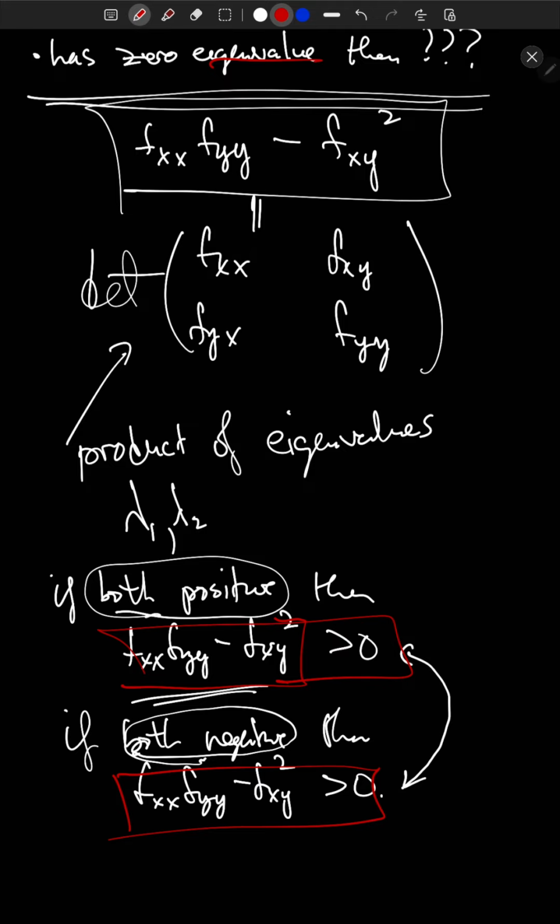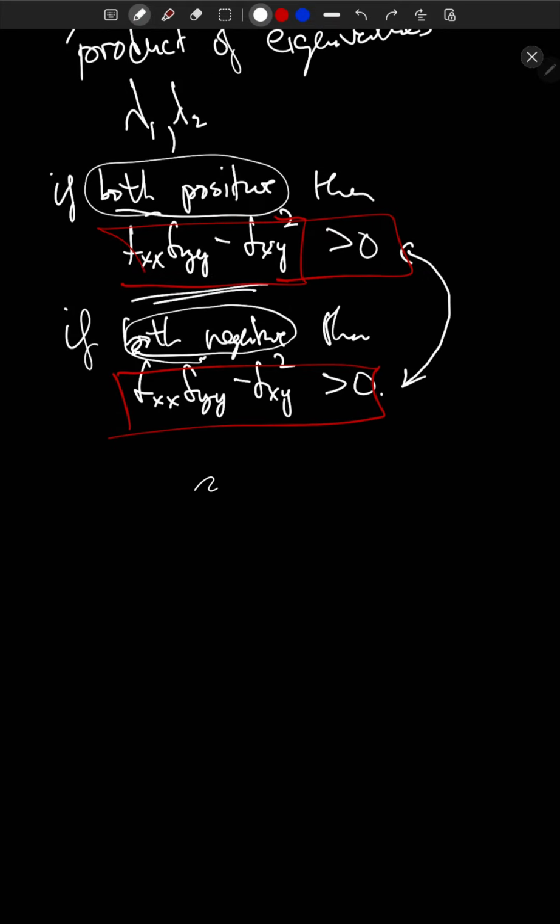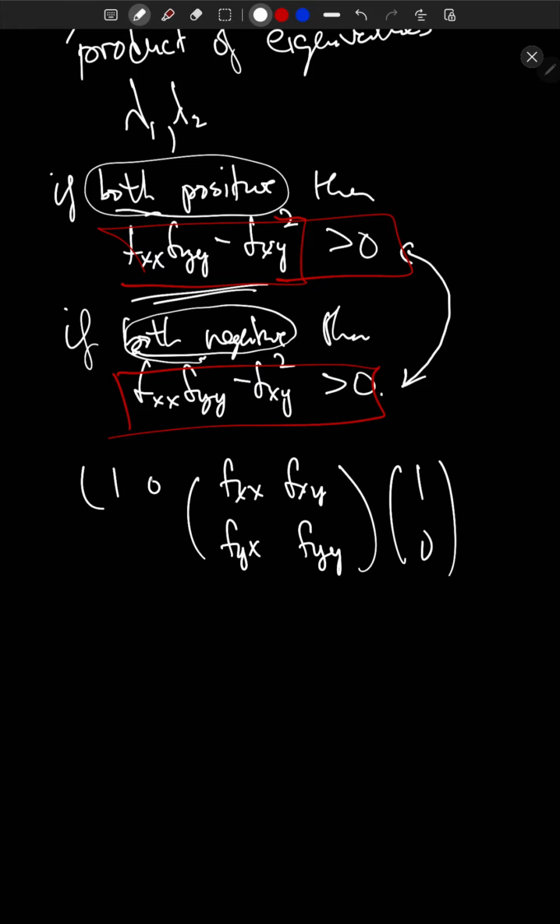Well, we look at fxx. If we look at the matrix version of this, and I put 1, 0 and 1, 0 here, what am I going to get? I'm going to get fxx.